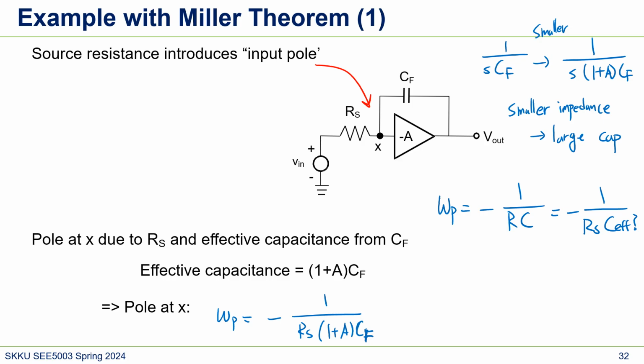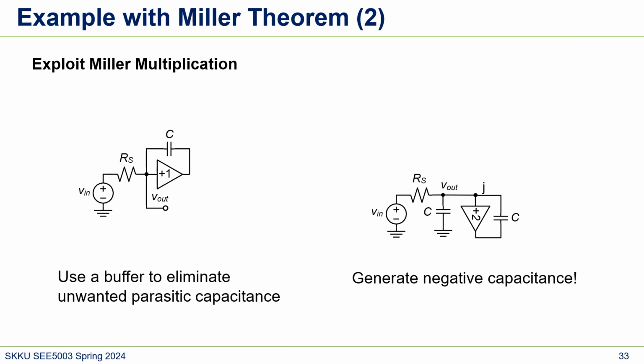Because of the Miller effect, we see a different effective capacitance. This slide shows an interesting application of the Miller effect. For example, here we use a buffer to eliminate unwanted parasitic capacitance. Our target is to remove this cap.